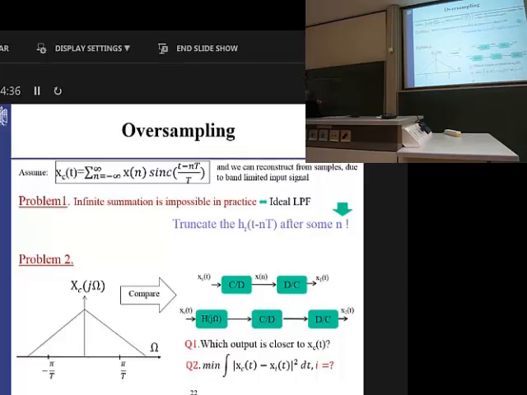The spectrum always continues to infinity. But the point is that with the first version, just C to D and D to C, as you saw in the reconstruction filter, you have an infinite number of sinc functions. Even if you say that it's not infinite, it's just from minus M to plus M.